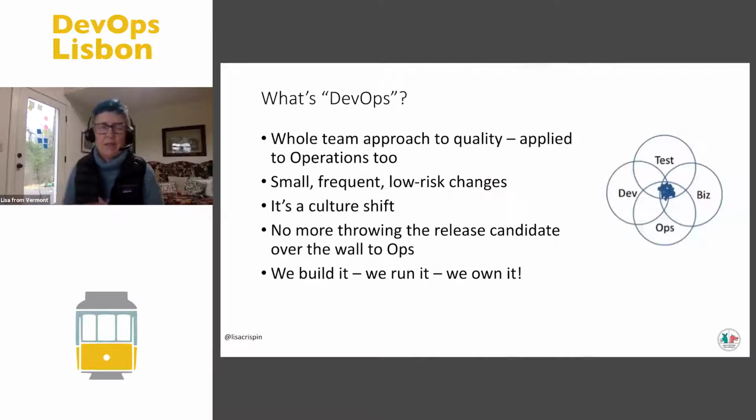Just to really quickly go over my definition of things. When some companies transitioned to Agile, especially the larger ones, they kind of forgot about the operations team. They got the business stakeholders and development teams together, tried to eliminate those old silos with QA and business analysis, and bring them all together into cross-functional teams. But they weren't inviting the operations people to the party. So DevOps, the term, was coined by Patrick Debois back in 2009, I think, or 2010.